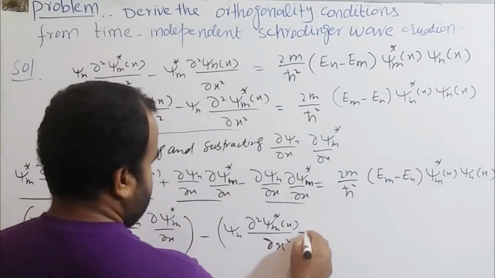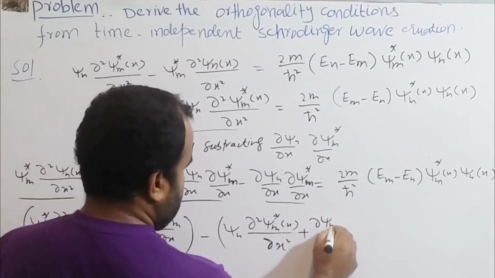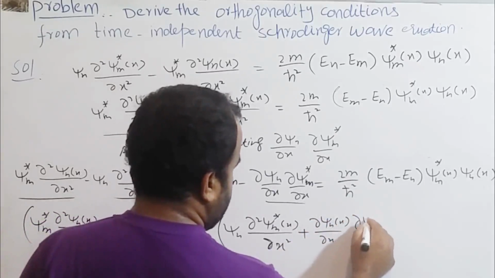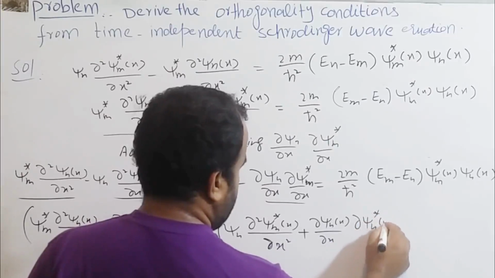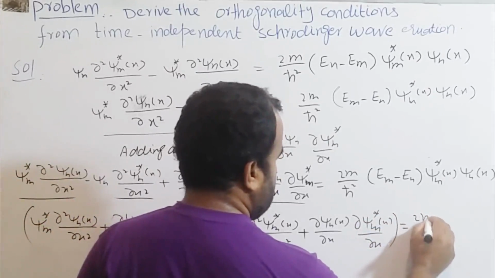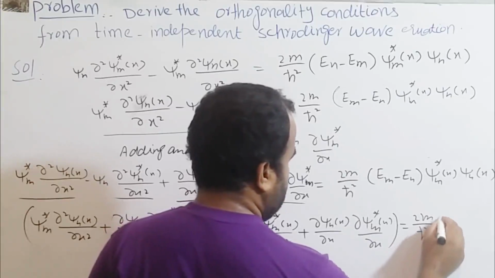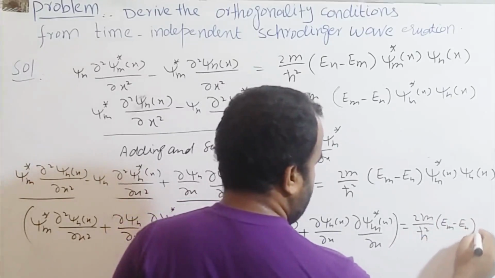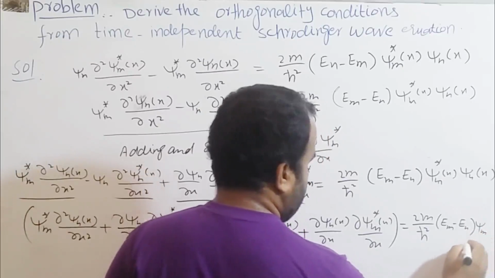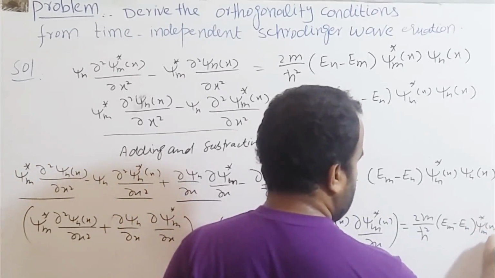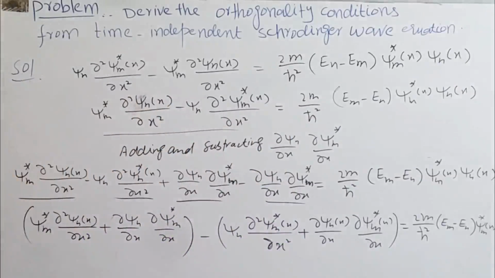It is plus ∂ψn of x divided by ∂x ∂ψm* of x divided by ∂x, which is equal to 2m divided by ħ² Em minus En, ψm* of x ψn of x.